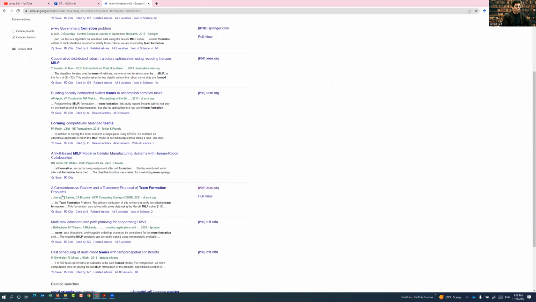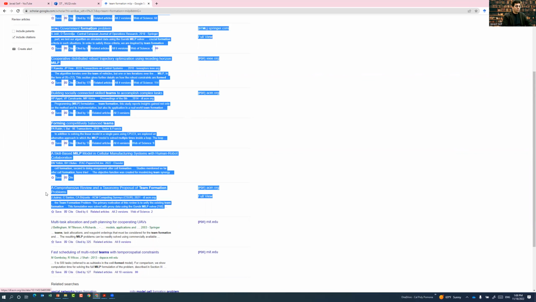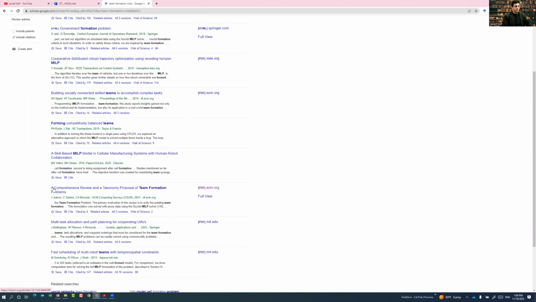Here I find one that has information in it and mentions mixed integer linear program. It's a perfect paper that I found. I wanted to see what's in it. It says a comprehensive review. Some papers are called survey papers or review papers. These papers are for different research fields, such as team formation, it's a field of research.